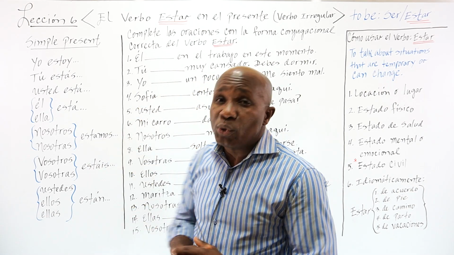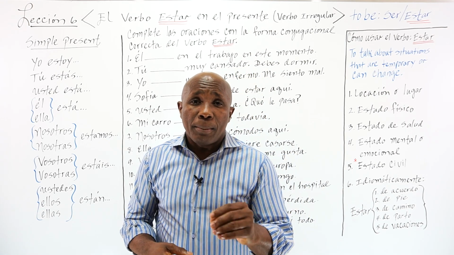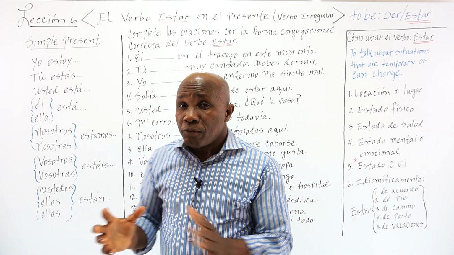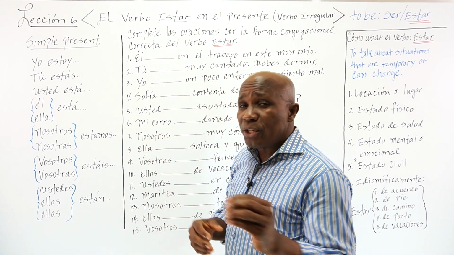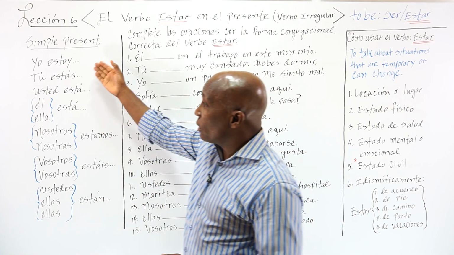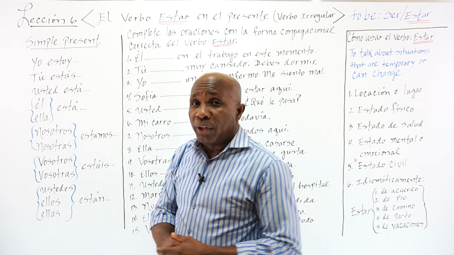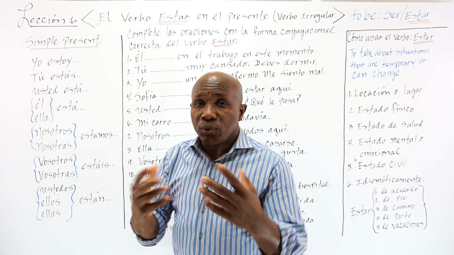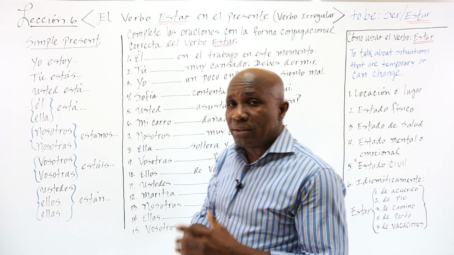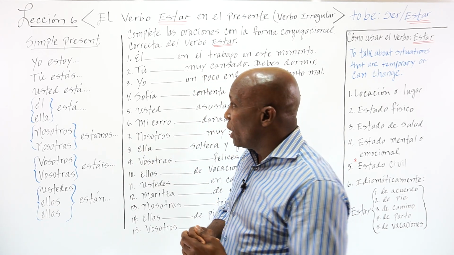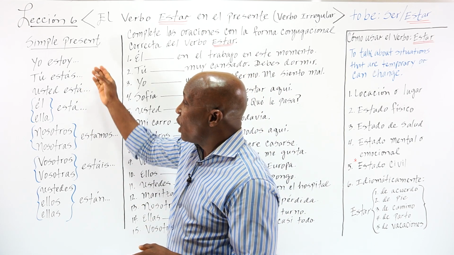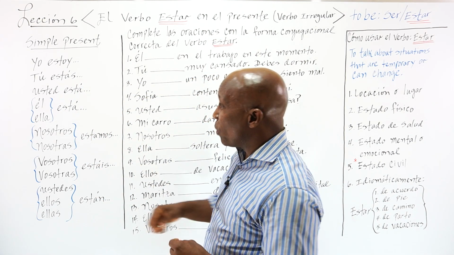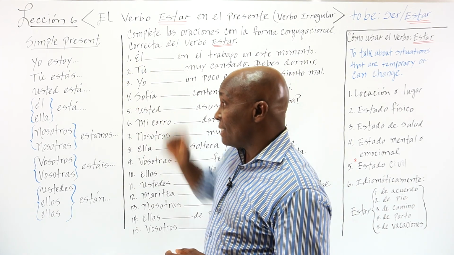But the first two that I mentioned are marked only when they have these endings, all right? Very important to know that. We need to have a class for that, for you to fully understand why we use the accent mark. That's going to be down the road. The verb estar has it.